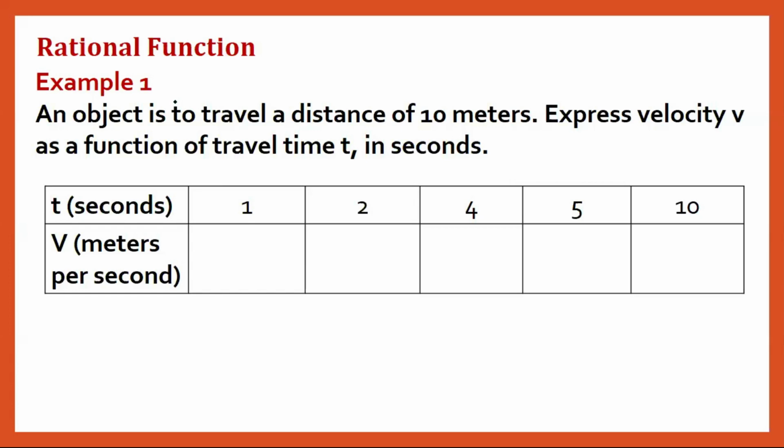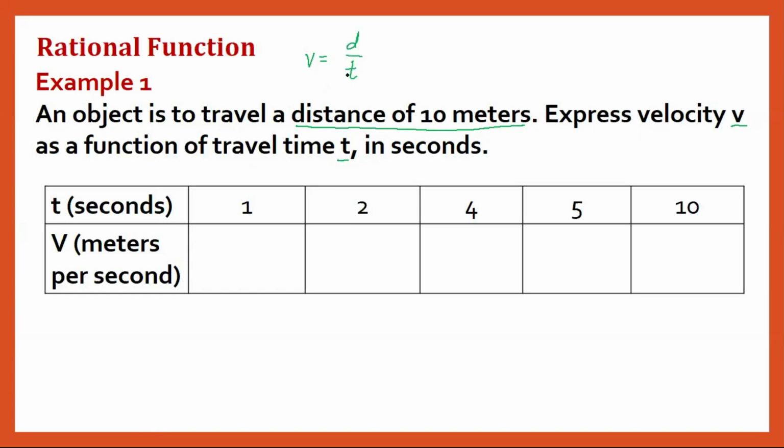Okay, let's start off with this one. An object is to travel a distance of 10 meters. Express velocity as a function of travel time in seconds. In physics, how can we determine the velocity of an object? Its velocity is equal to distance over time.